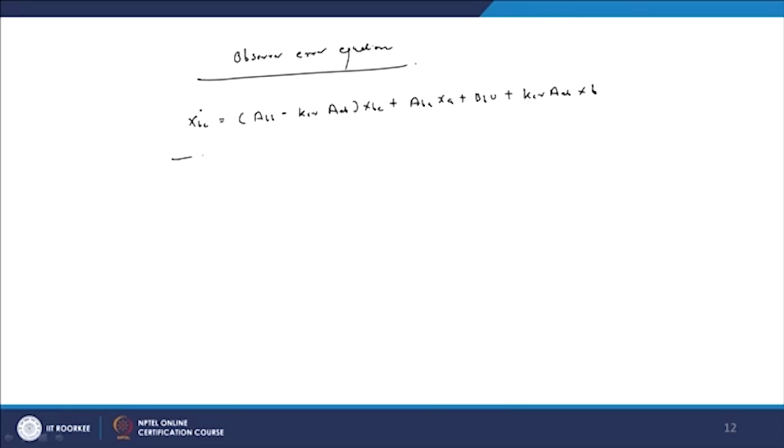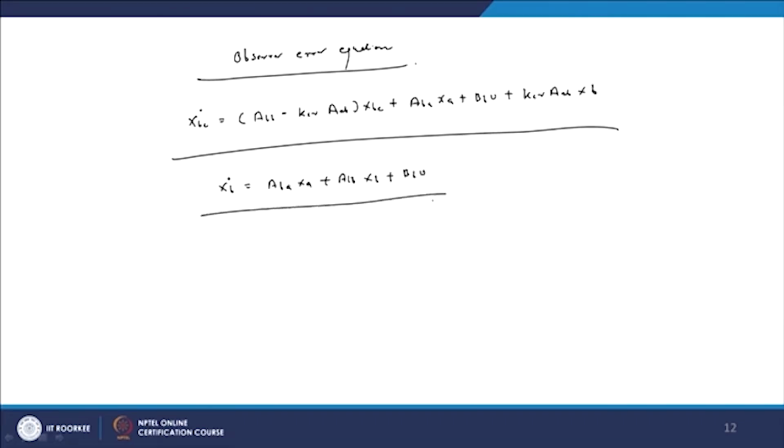So earlier we have seen these equations. Now the original state equation for XB dot is given as ABA into XA plus ABB into XB plus BB into U. So this is the unmeasured portion and this is the measured estimated portion. So here we write this as XB dot minus XBE dot.